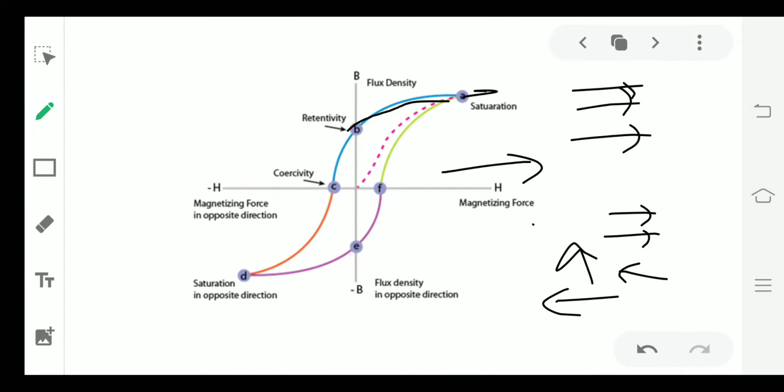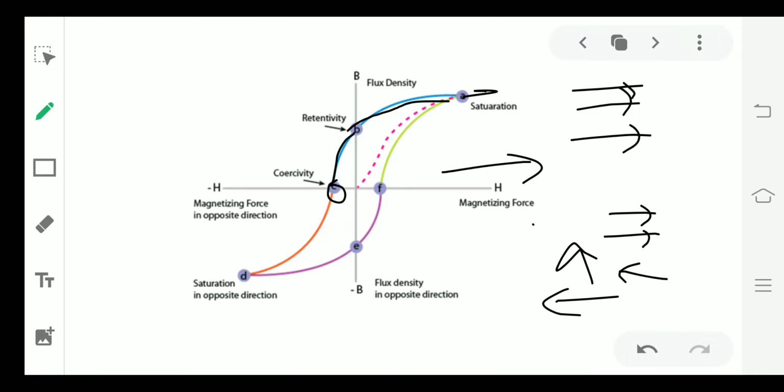So this value which they retain in the magnetic direction is called retentivity. To remove this retentivity, we have to apply some force in the negative direction. The force applied in the negative direction is called coercivity, so that its magnetic flux density will become zero.